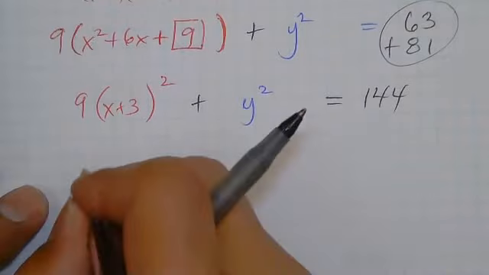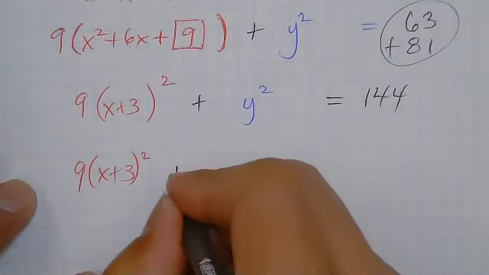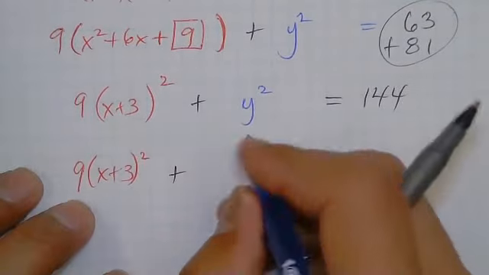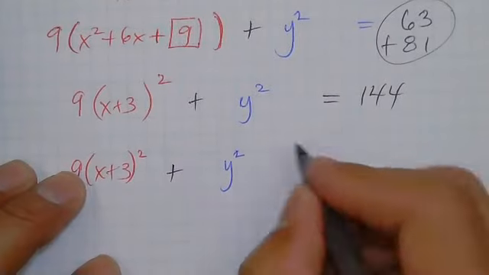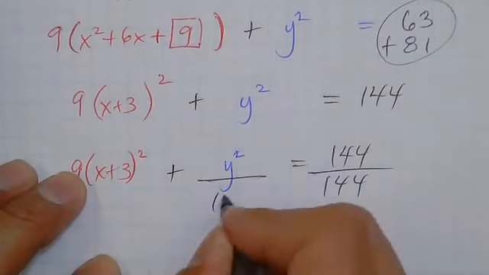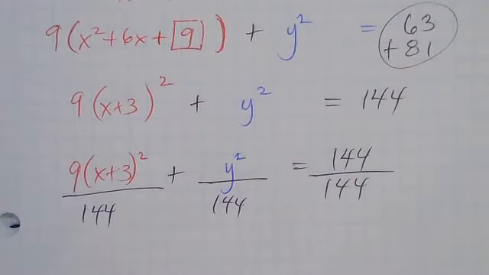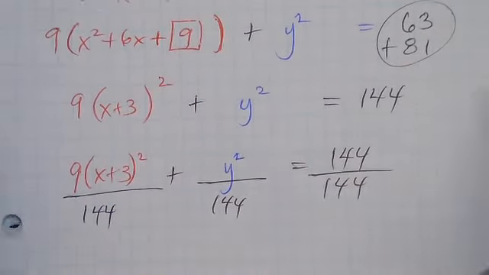We're good? That's it? No, now we got to make this a 1. Well, that's easy. That was easy like yesterday's homework. I got to divide everything by. You guys agree?